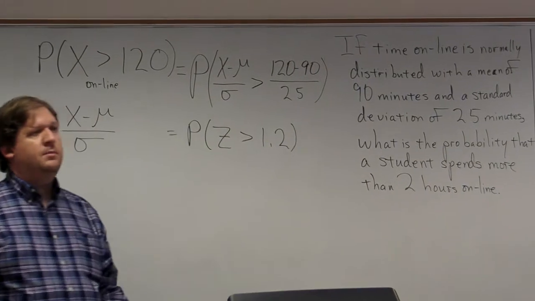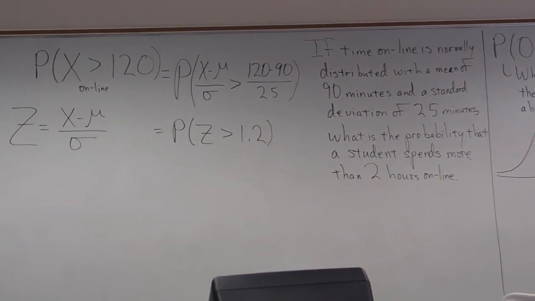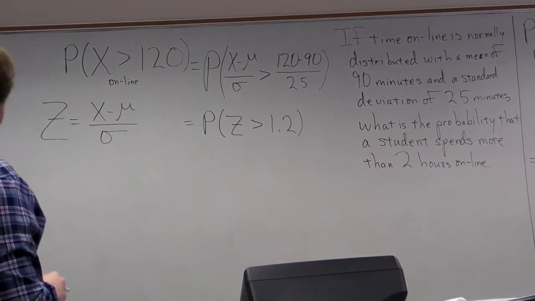Or in this case, the probability that z is greater than 1.2. So what is the probability that z is greater than 1.2?